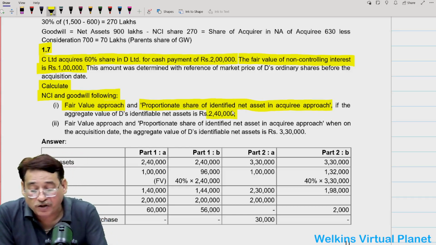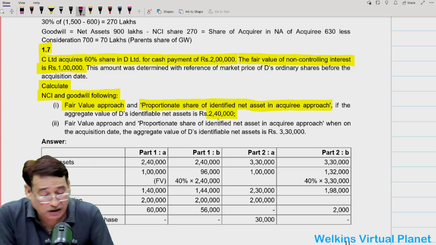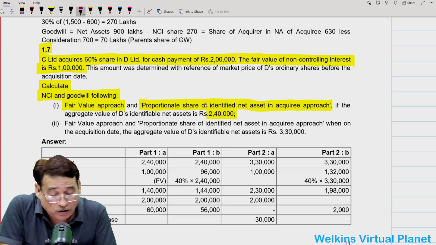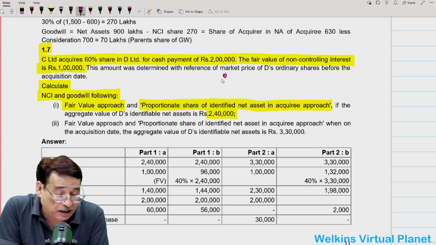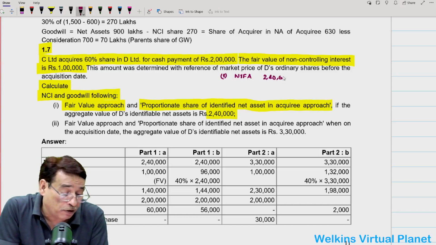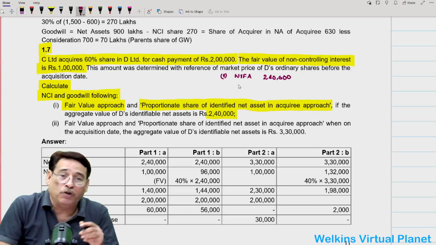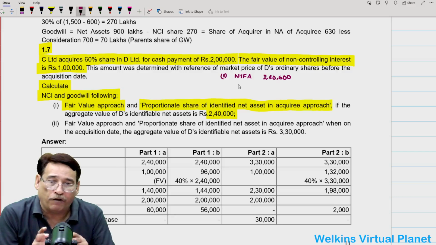Have you got the question in this particular case? This part 1 of the question says that, first of all, presume that net identifiable assets of your acquiring company is equal to 2,40,000. First of all, the question is telling us to presume net identifiable asset at 2,40,000.